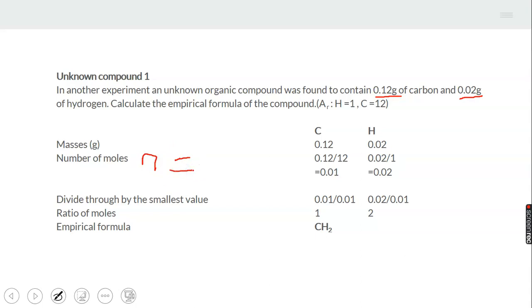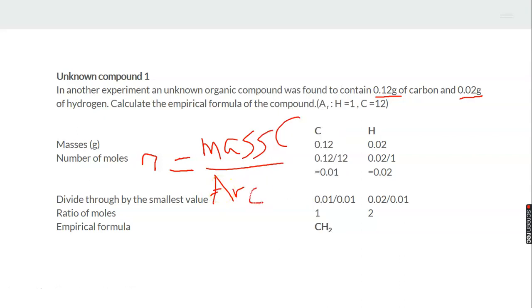Equals the mass of carbon, for instance, since we are talking of carbon, divided by AR, that's the relative atomic mass of carbon. Your carbon should be capital C. So when you do that, what do you have there? We have 0.01 for carbon.